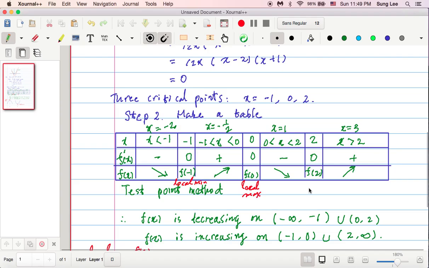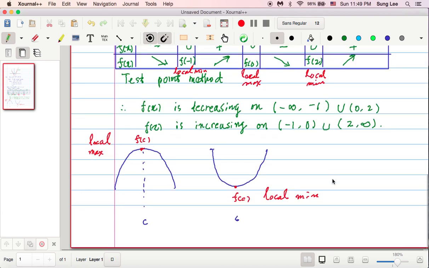This is a local minimum again. Okay, cool. I'm out of space, so moving to a new page.